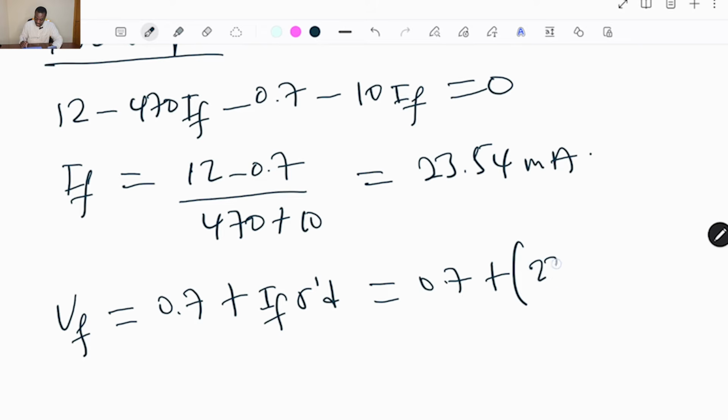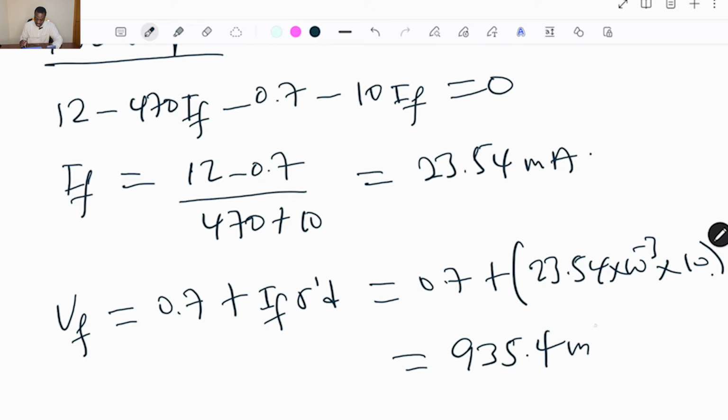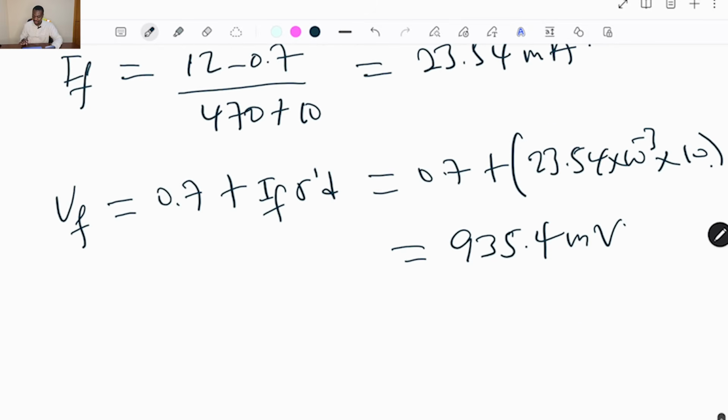So we have 23.54 milli times 10 plus 0.7, and we get 905.41 millivolts. So we get this as the answer for this.